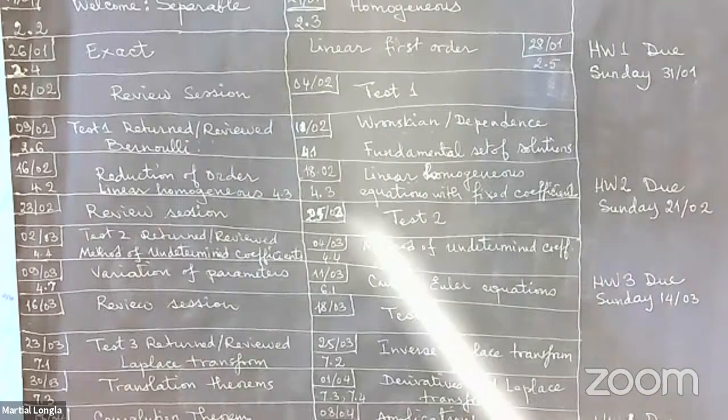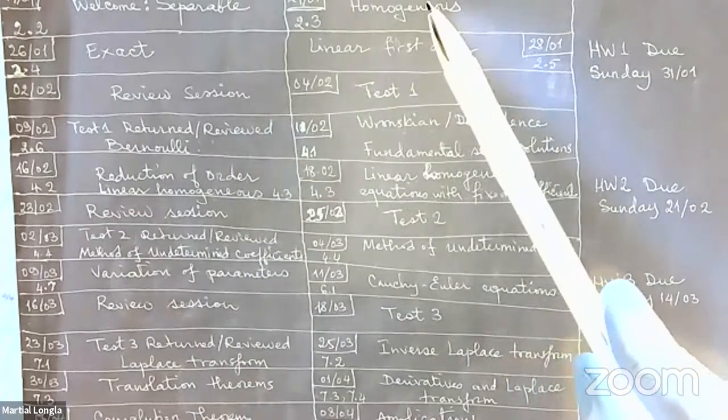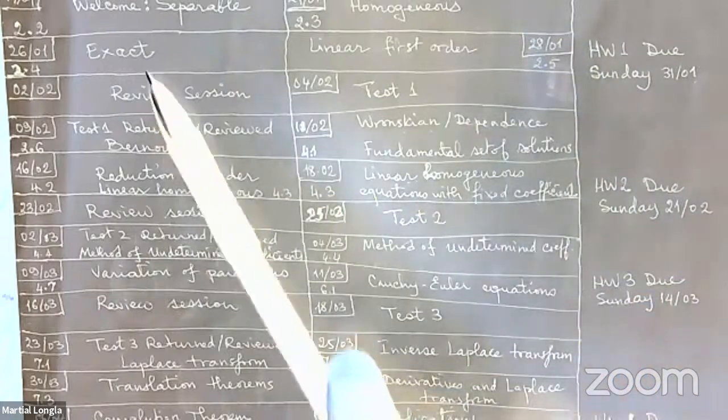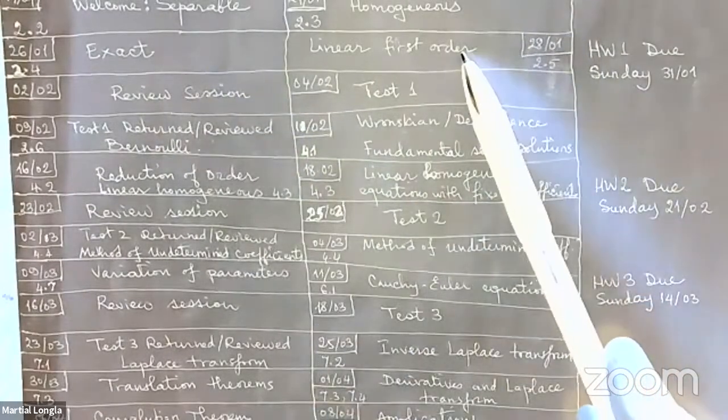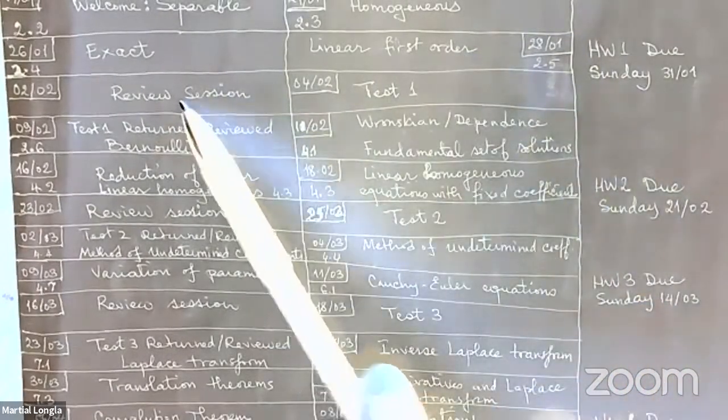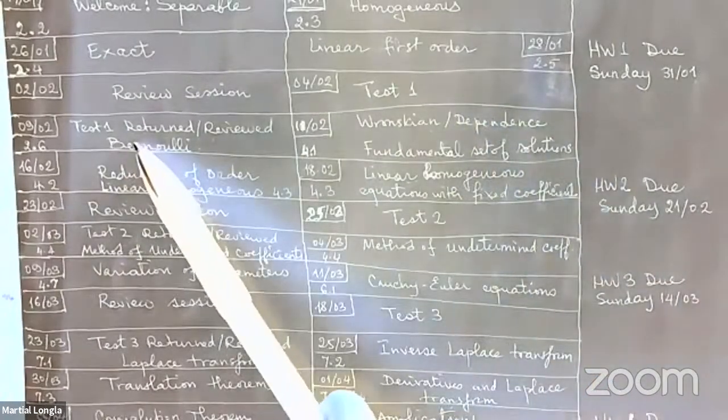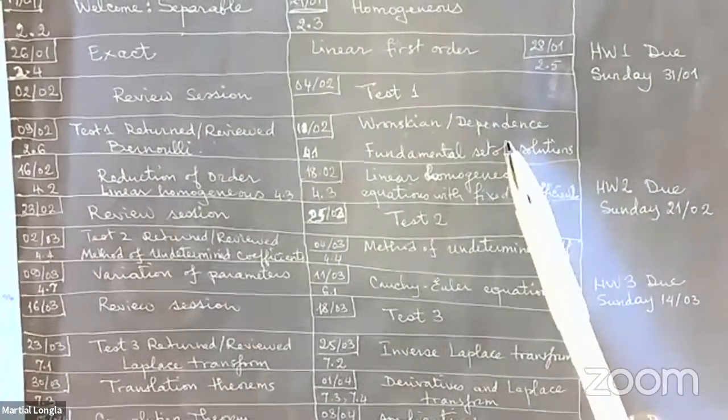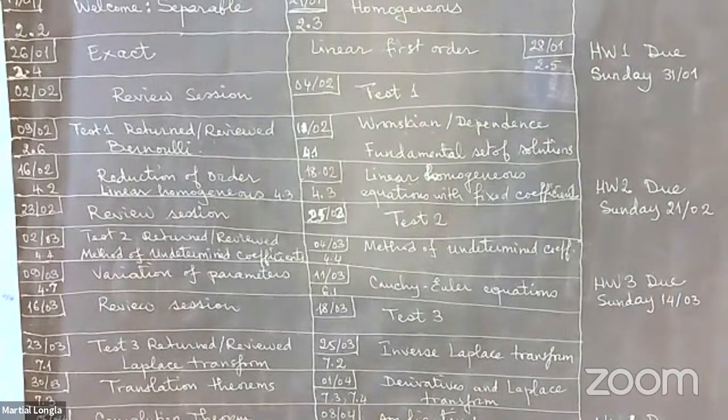Every day the topic is listed. Next time it's homogeneous equations, and then exact equations, then linear first order, review session, test 1, return, Bernoulli equations, and so on. I will take a picture of this also so that it posts on Blackboard. And I hope if it's in a video like this at the end, sometimes if somebody watches, you will see that. Any questions?